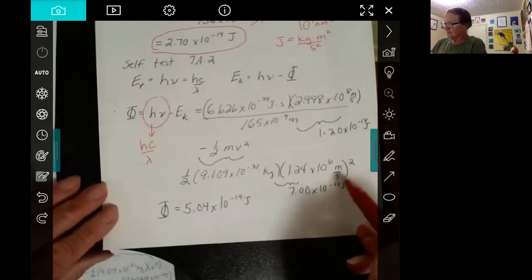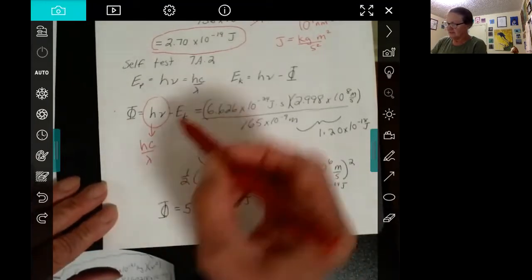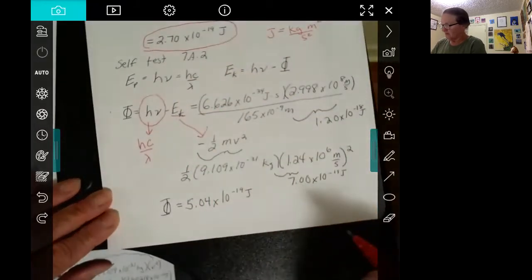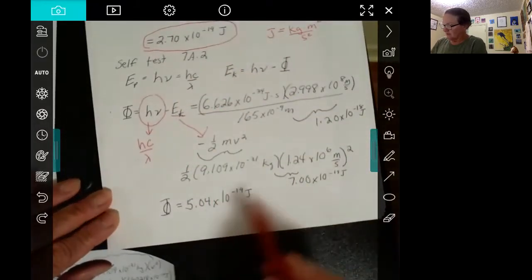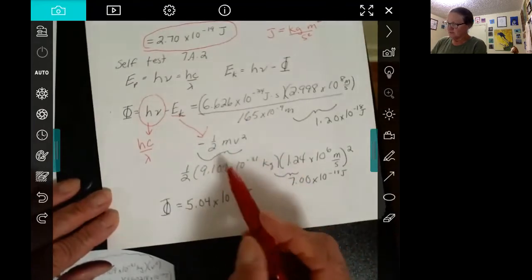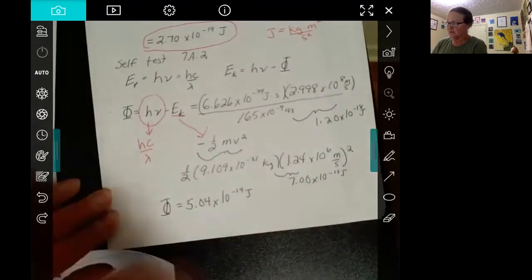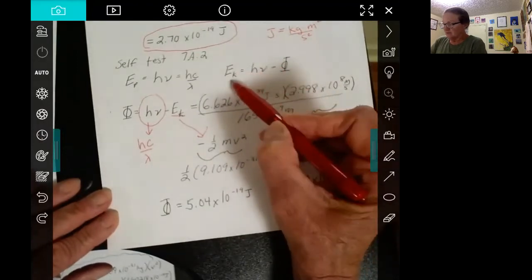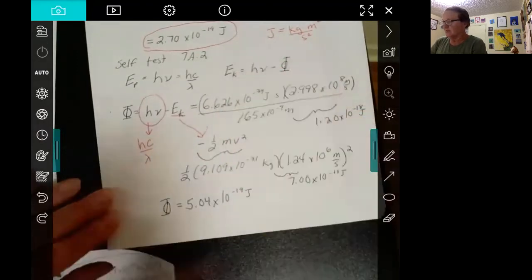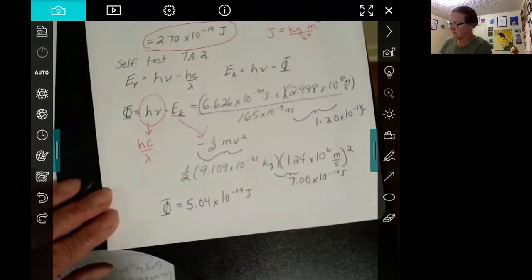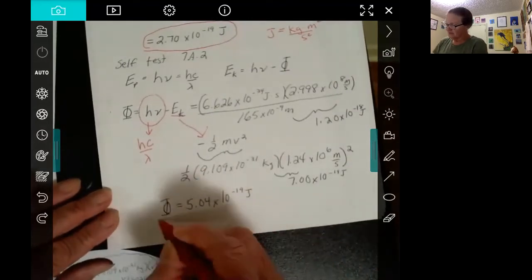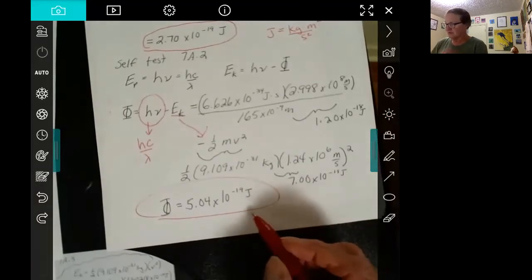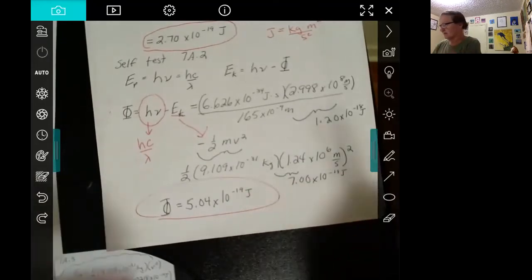So I use that velocity to calculate the kinetic energy. Kinetic energy is 1/2 mv squared. And from the difference of those two, I'm calculating the work function. The energy of the photon is related to the kinetic energy by the difference with the work function. So I calculate the work function, the amount of energy from any photon that's needed just to get the electron off the surface.